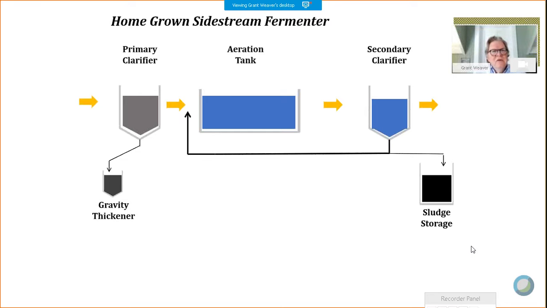The gravity thickener, or whatever your primary sludge is, doesn't have the bacteria in your mixed liquor. See, that's before you get to the mixed liquor. So we want waste activated sludge.